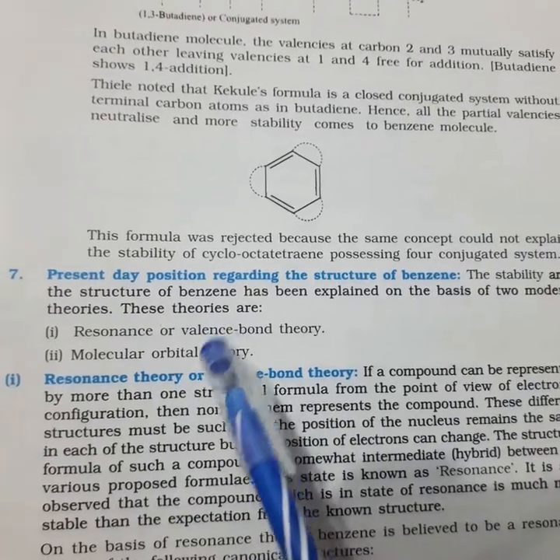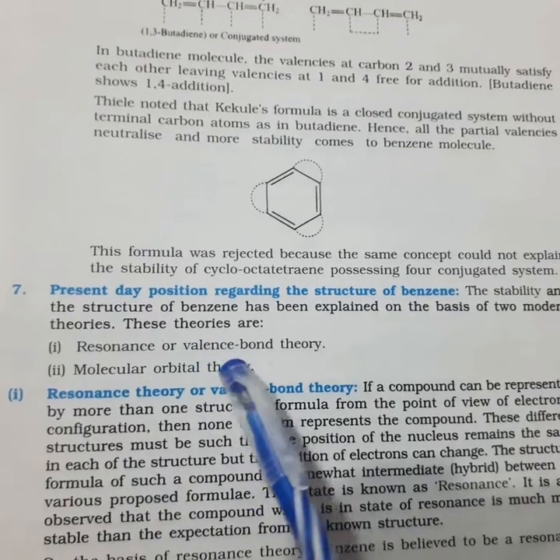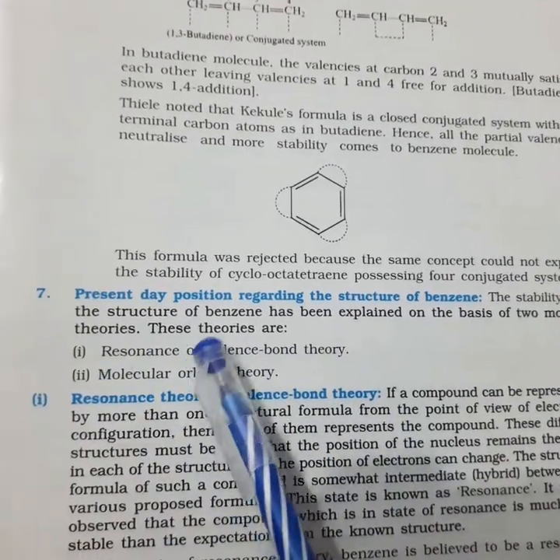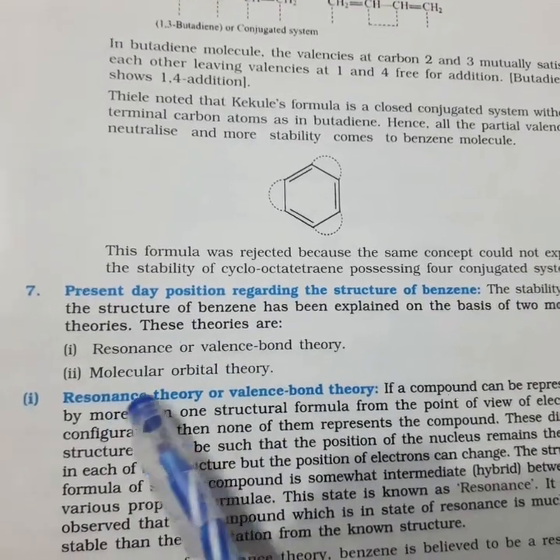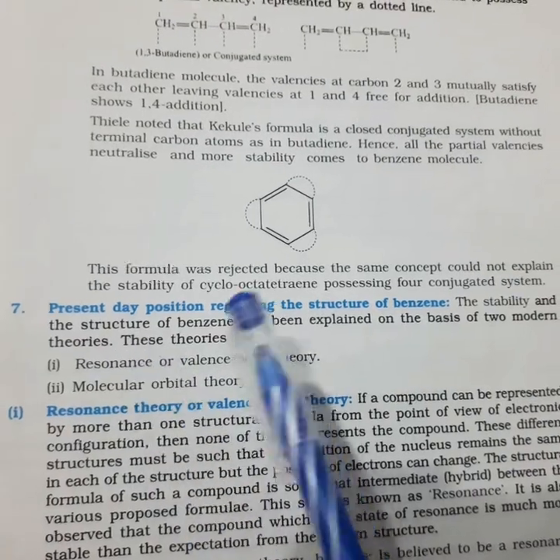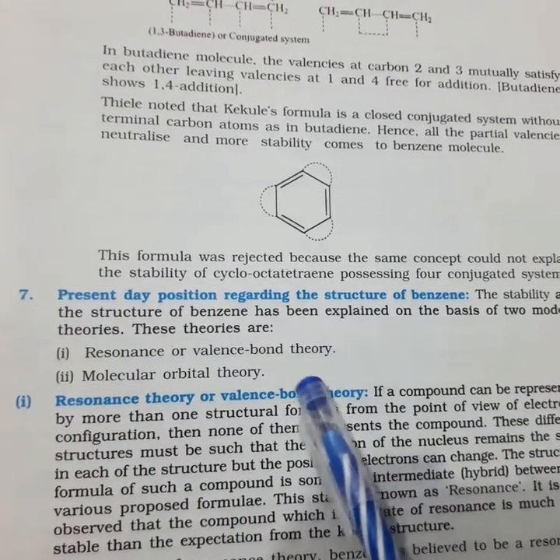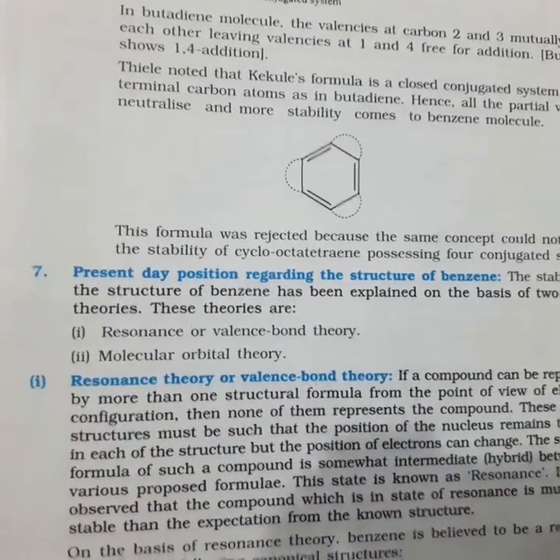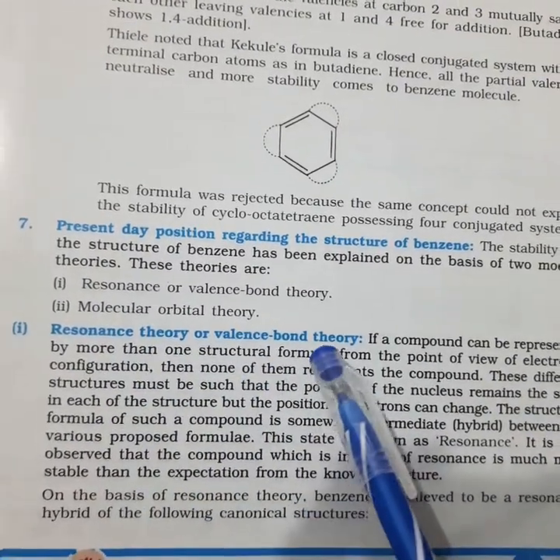These are the two modern theories, friends. First one, resonance or VBT, that is valence bond theory. Second one, MOT, that is molecular orbital theory. The structure and stability of benzene were explained based on these two modern theories, VBT and MOT. Next, first we will see resonance theory or valence bond theory.